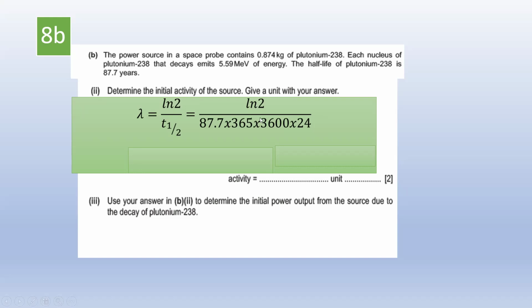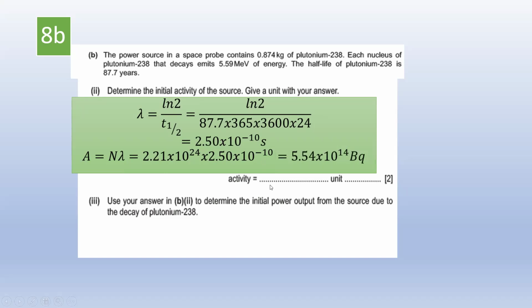Change it to days, change it to hours, then change it to seconds. 1 hour is 3,600 seconds. And calculate out. And calculate activity equals N lambda. This is your N naught, this is your lambda. And calculate out. Becquerel, or count per second.